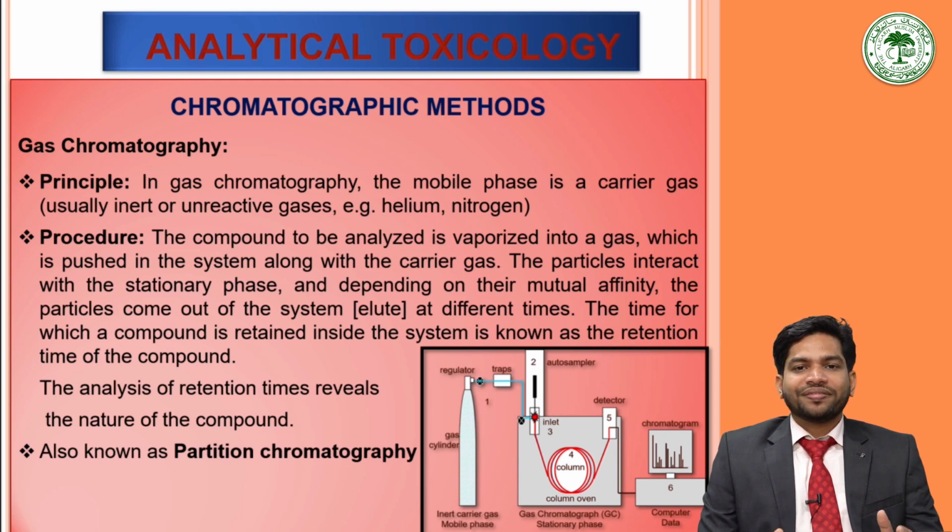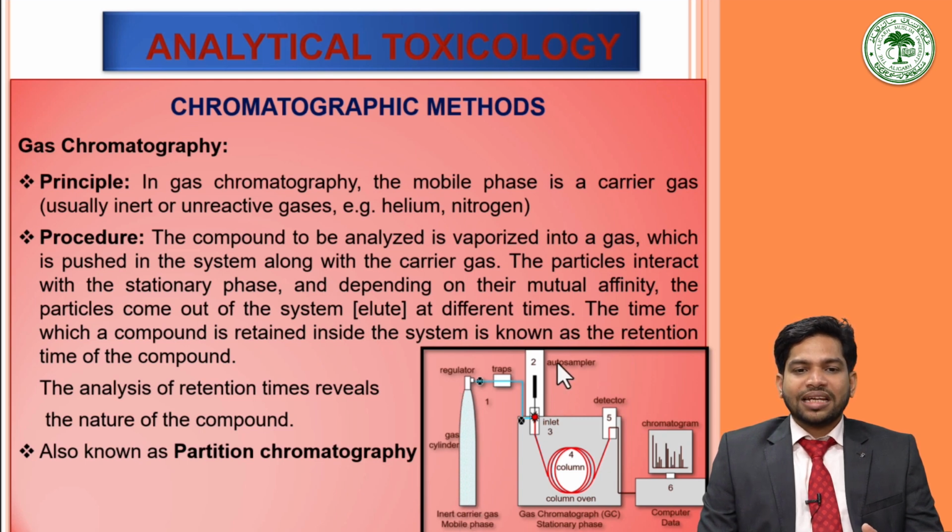The analysis of the retention times reveals the nature of the compound. Since in this system the compound equilibrates for partition between the mobile gaseous phase and the stationary liquid phase, it is also known as partition chromatography. So you can see in the picture, this is a gas cylinder containing the inert carrier gas that acts as the mobile phase.